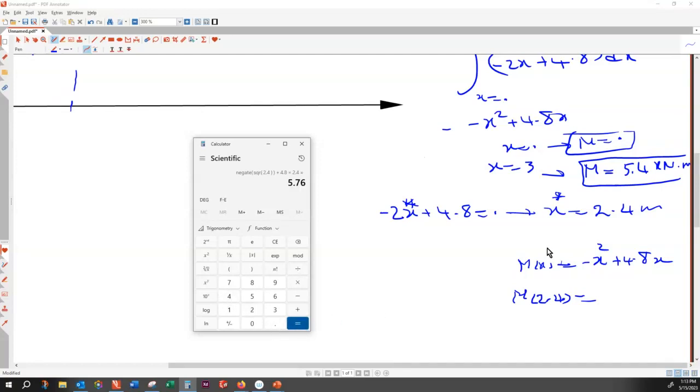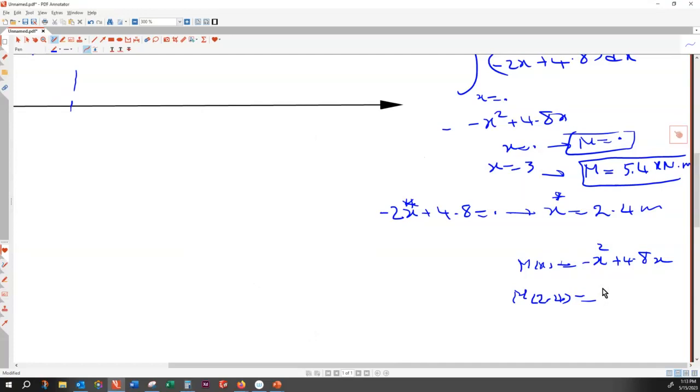So this is 5.76, and the unit is kilonewton meter.